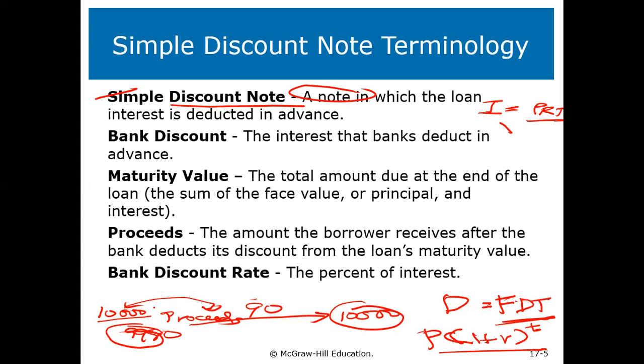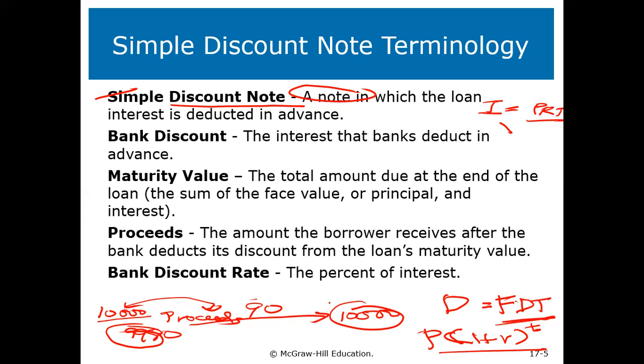So let me again clarify that. With a simple discount note, when I issue a note to borrow 10,000, the proceeds I get are not the 10,000. It's 10,000 less the discount amount. With a simple interest note, no: whatever I borrowed, whatever is written on the note, 10,000, that's what I get. When I pay, I pay the face amount, 10,000, plus the interest. With the discount note, I pay just the face amount.